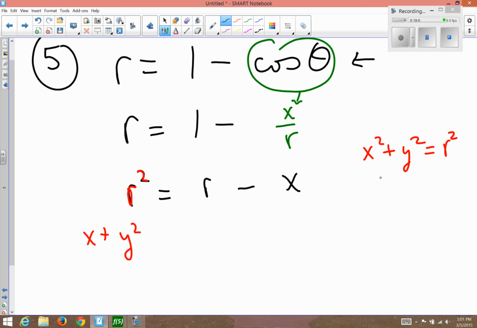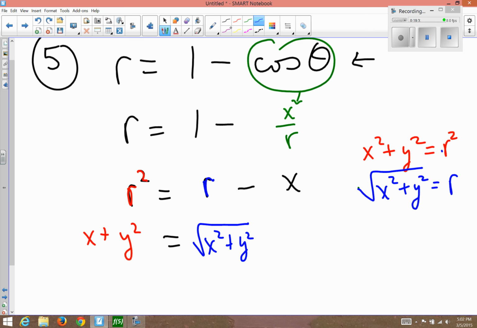And since I can take the square root of both sides of this red equation, the square root of the left side equals the square root of the right side. So the r that's right here, make it blue, is the same as the square root of x squared plus y squared.